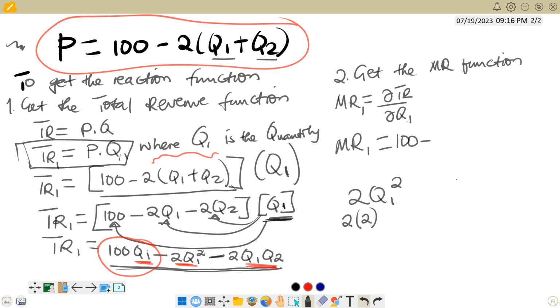We multiply it by 2 down there, then we multiply this by Q1, then from the power of Q1, we remove a 1. So 2 times 2 gives us a 4. We are multiplying this by Q1, and now Q1 is raised to the power 1, so we don't need to show it. Therefore, differentiating the second term, 2Q1 squared, with respect to Q1 gives us 4Q1. So we put our 4Q1 there.